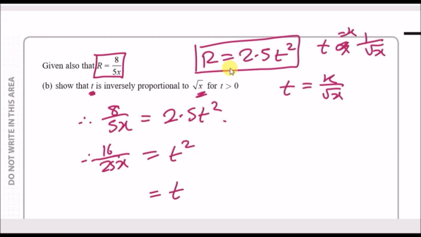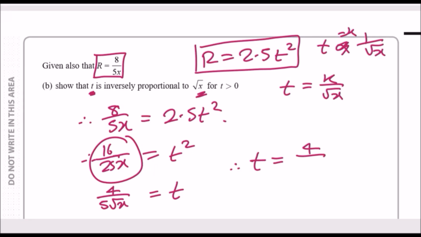So this will give us T equals 4 over 5 root x. Hey, it looks like we're done. And this looks like inverse proportion. So T is inversely proportional to root x, where the constant is 4/5. And that's it, guys.